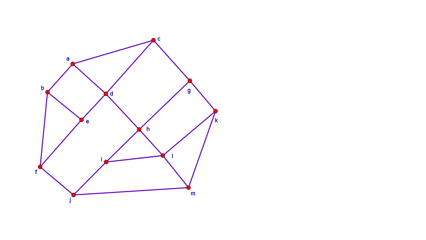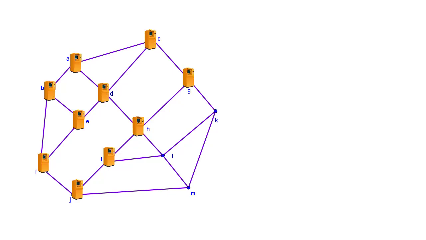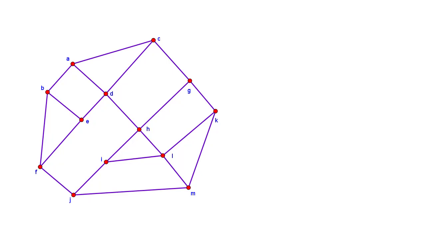The bank surveyors can place one ATM at each junction, but the cost is so high. Or, as another solution, they can position ATMs in A, E, G, I, and N.